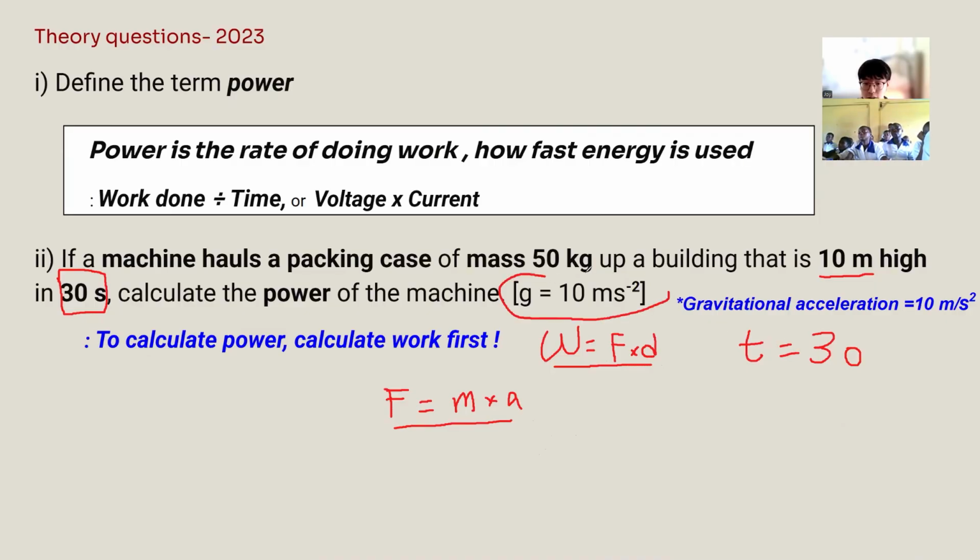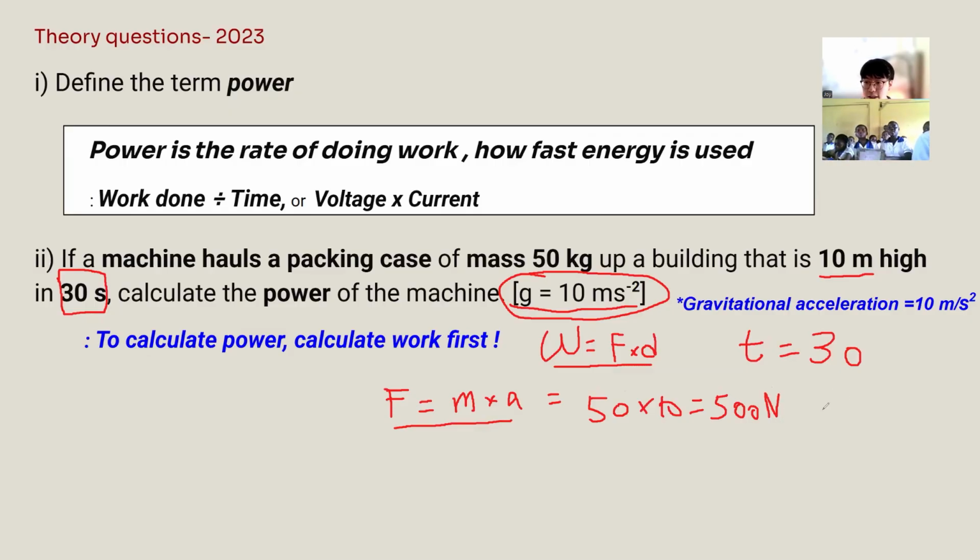It's given here. Look at this, g. This is gravitational acceleration, how much an object accelerates when it is in free fall. So we have mass, which is 50 times 10, and we get 500 Newton of force.